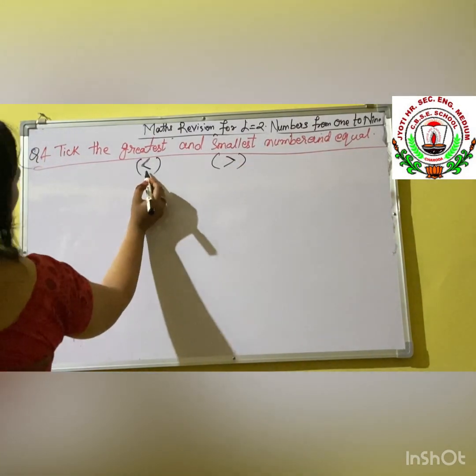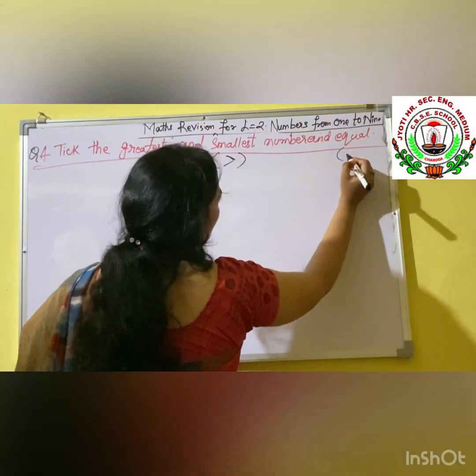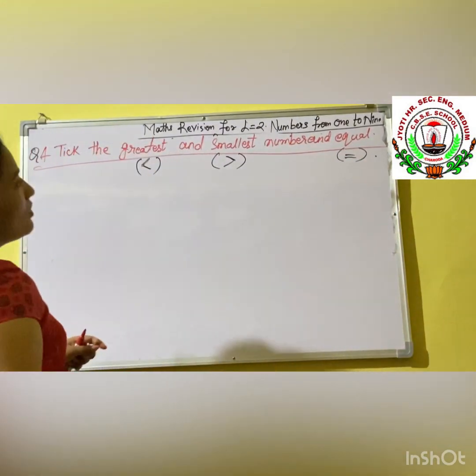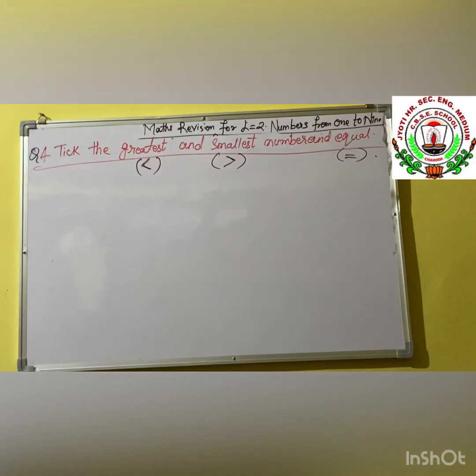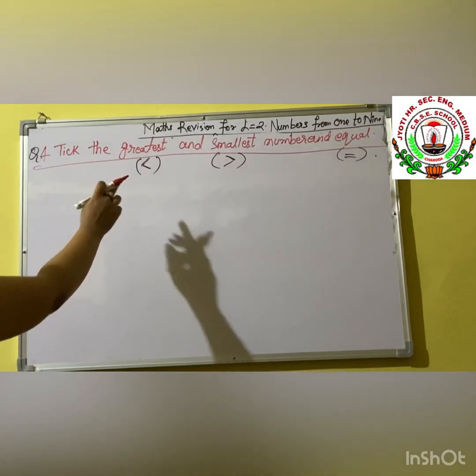So the greatest sign is this, the smallest sign is this, and the equal sign is this. First we will take which number is greater and which number is smaller, and we are going to put this sign.